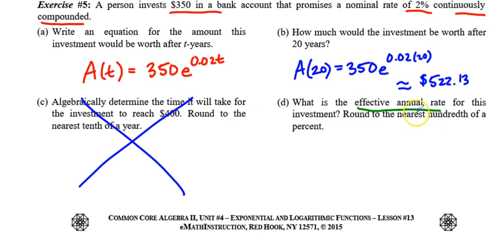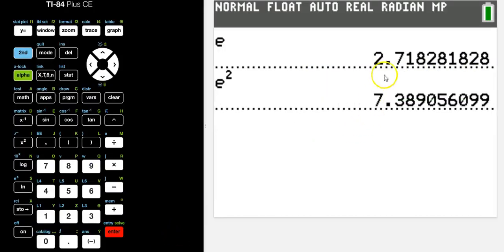Finally, what is the effective annual rate? In other words, if this were done once a year, what is the effective rate for this investment? And so essentially we're just going to take this portion of it, this e to the 0.02 power. Remember, e is a mathematical constant. It's 2.72-ish, right? We just looked at that on the calculator.